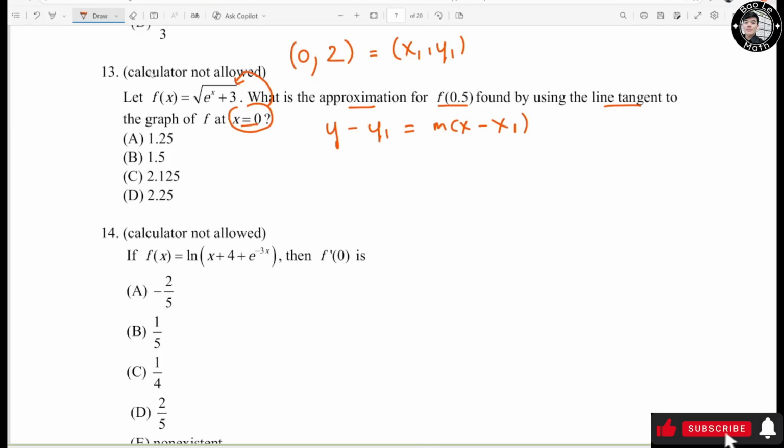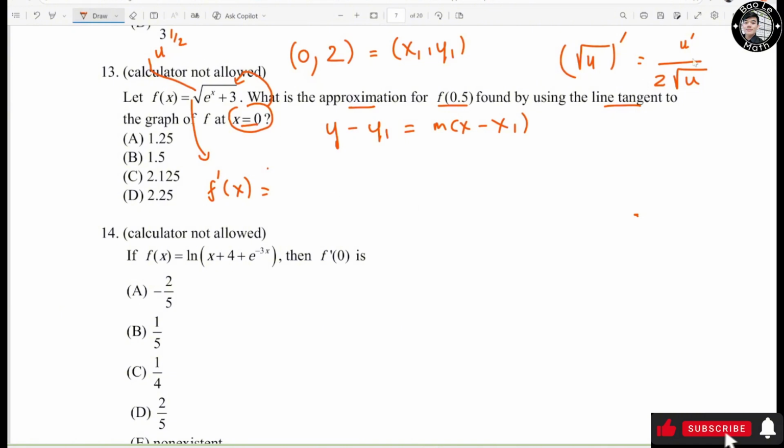And for the slope, take the derivative of this one. So we have f prime of s equals, remember, you can apply this formula: the derivative of square root of u equals u prime over 2 square root of u. Or you can convert this to u to the power 1/2 and use the power rule.